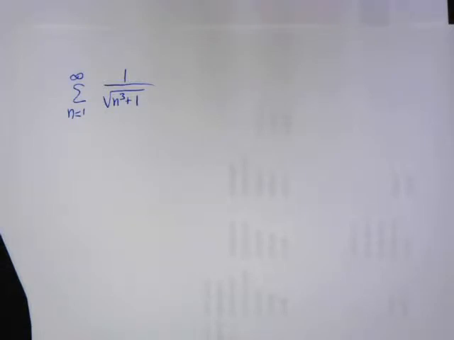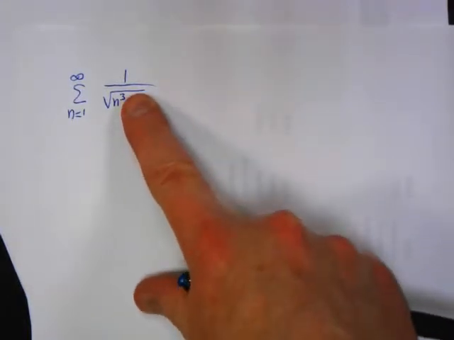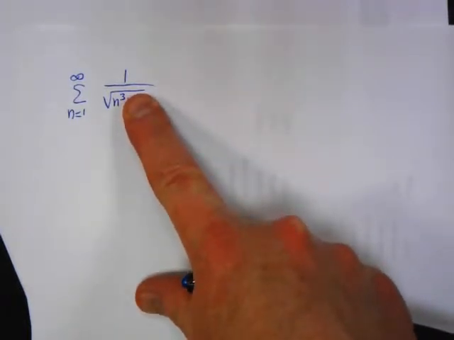Once again, you need to start by deciding if you think this is going to converge or if you think it's going to diverge. And that tells you what you should compare it with. Do you think that converges or do you think it diverges? Why do you think it converges? It's kind of like 1 over n. Again, you look at the highest power on top and bottom, which means basically you cover up that plus 1.